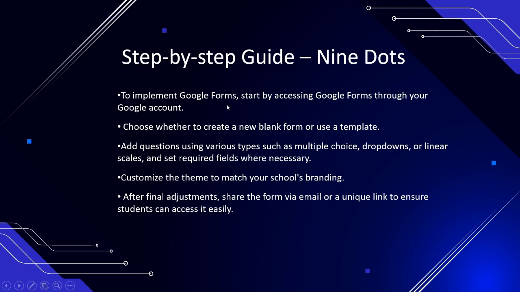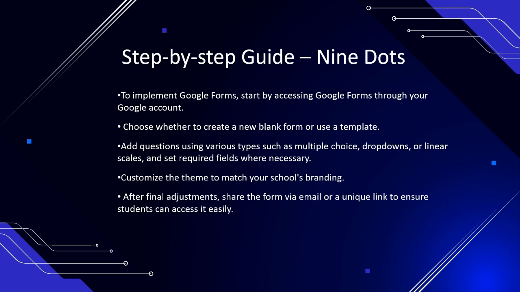To implement Google Forms, start by accessing Google Forms through your Google account. Choose whether to create a new blank form or use a template. Different templates are provided that you can use, or you can make a blank form from scratch. Then add questions using various types such as multiple choice, drop downs, or linear scales, and set required fields where necessary.